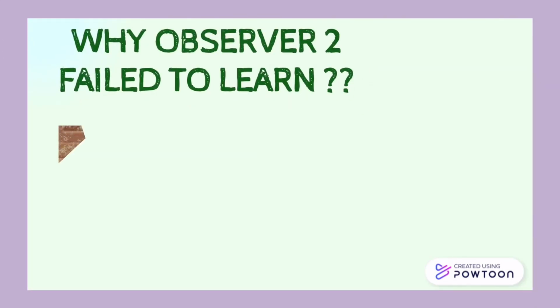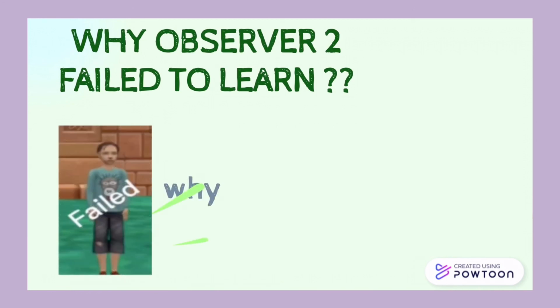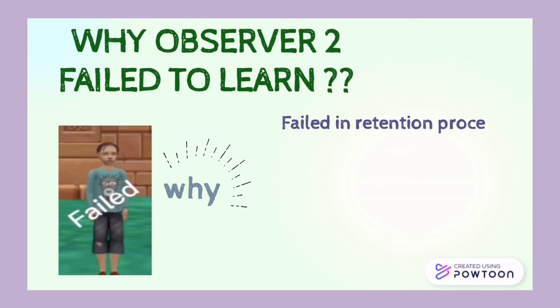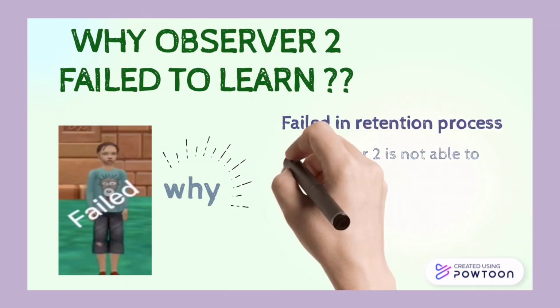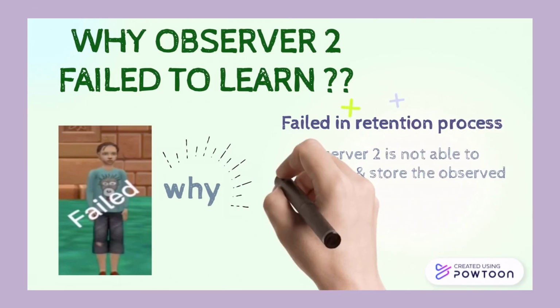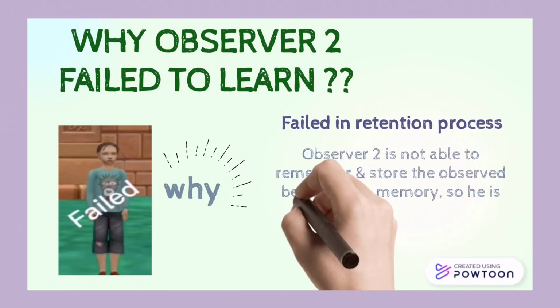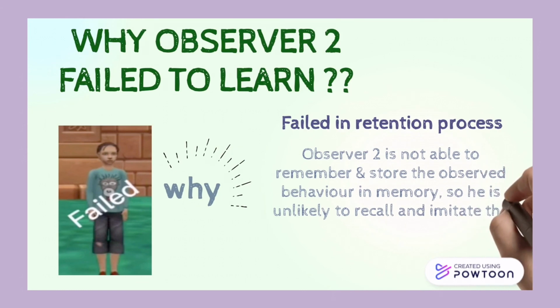And why does the same problem occur in observer 2? Because observer 2 is not able to remember and store the observed behavior in memory, so he is unlikely to recall and imitate the behavior of his teacher.